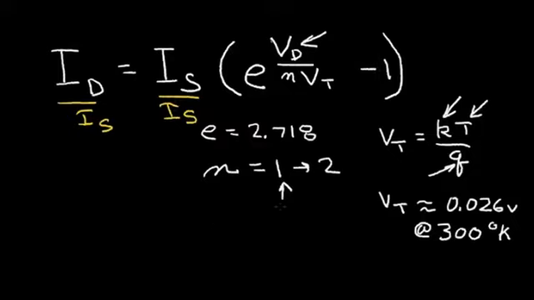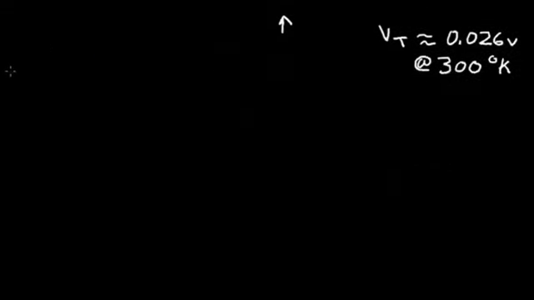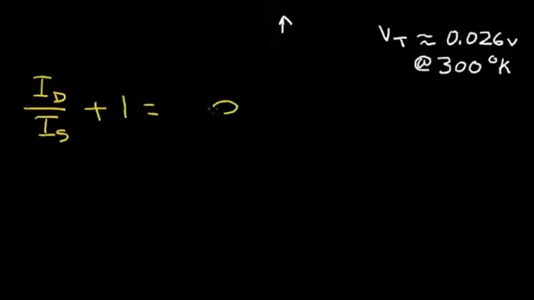We can move the 1 over to the other side. So let's rewrite that as I sub diode divided by the saturation current I sub S, plus 1, equals E raised to the V diode divided by N V sub T.